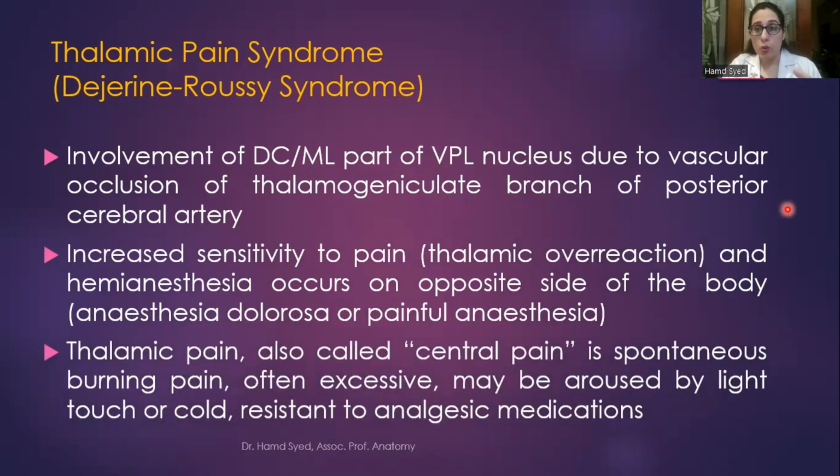And there could also be painful anesthesia. The thalamic pain, also called the central pain, is a burning pain. It is often an excessive pain, and it might be triggered by a very light stimulus of touch or cold. And this sort of pain is going to be resistant to treatment by the typical analgesic medications.